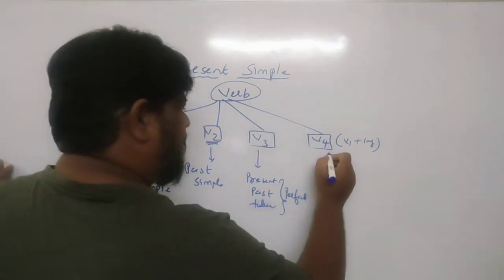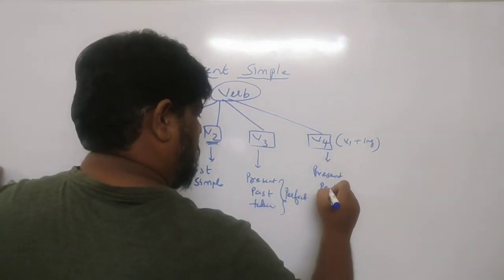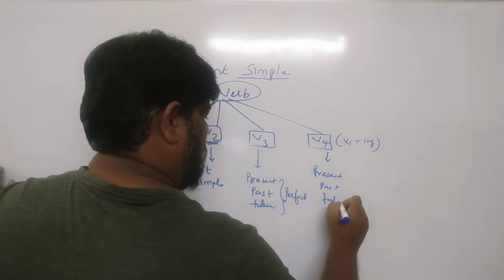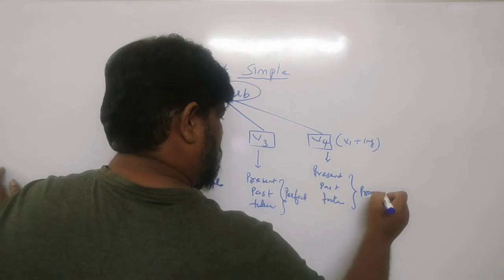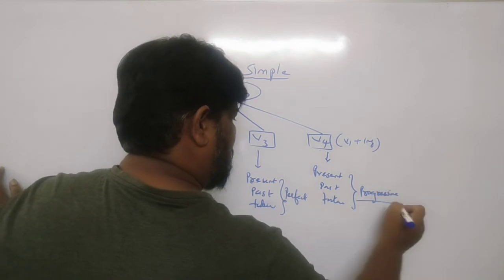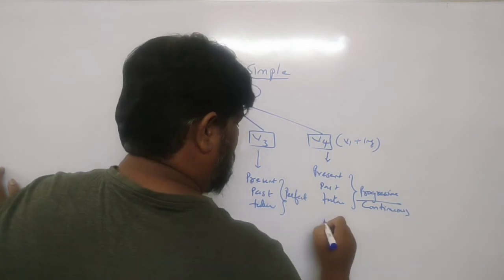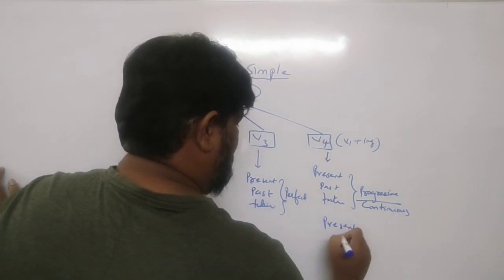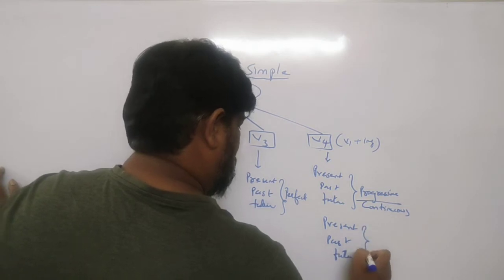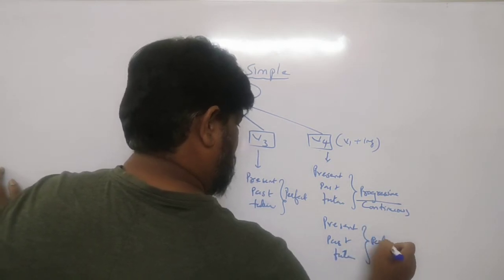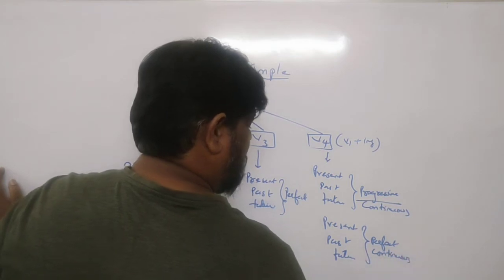V4 will be used with present, past, future progressive or continuous, and also present, past, future perfect continuous.